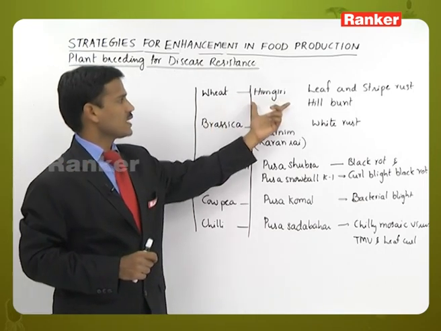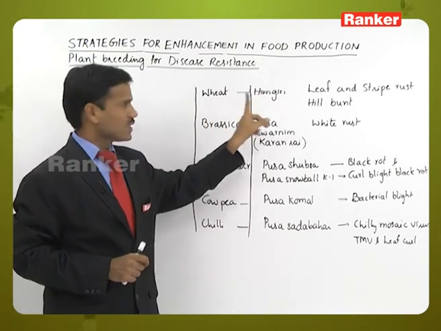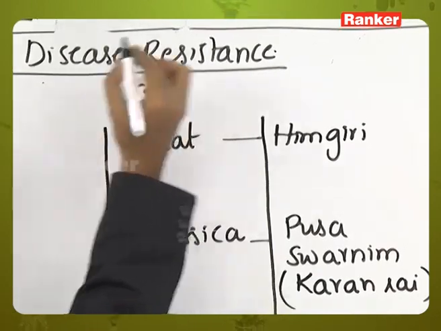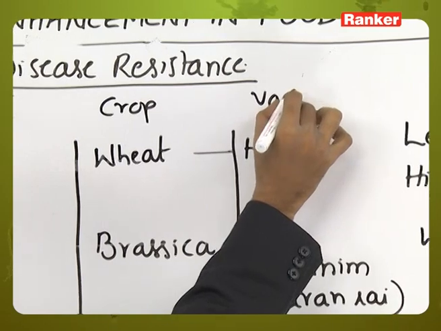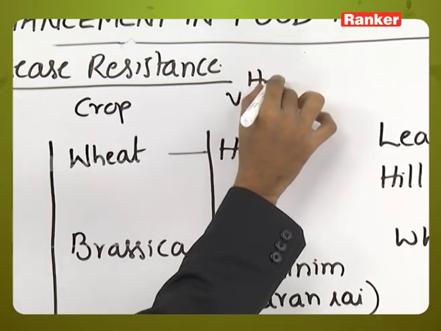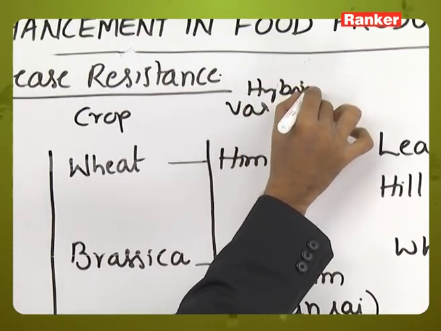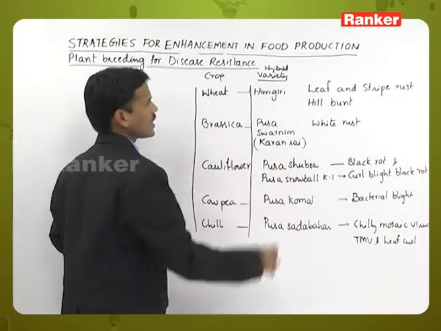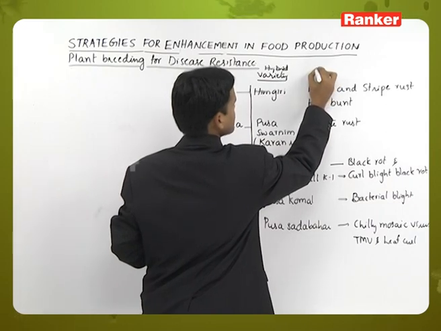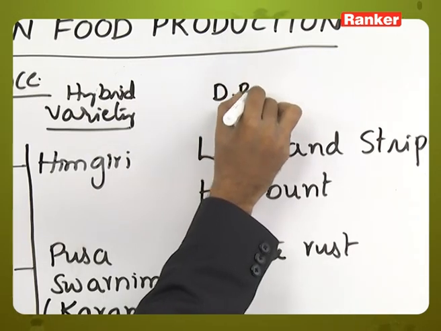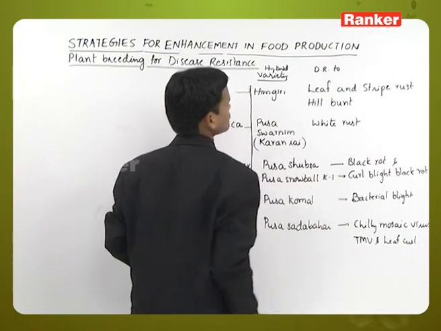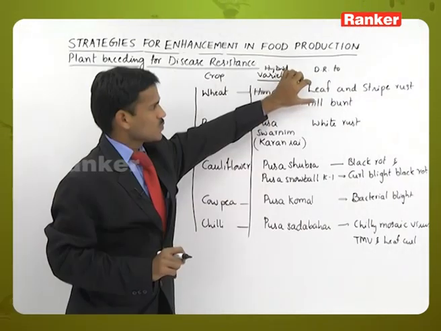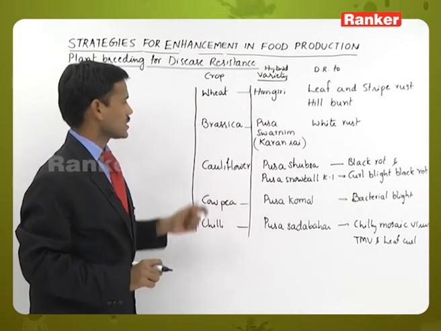This variety is called Himgiri. This variety is showing the disease resistance to leaf and stripe rust and hill bunt.